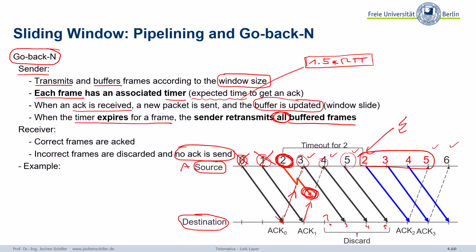Why do we have to retransmit 3, 4, 5 again? That's a waste of data rate. I mean, we transmitted them already and they have been received, but not 2. And for the simple scheme, this means we have to repeat everything.